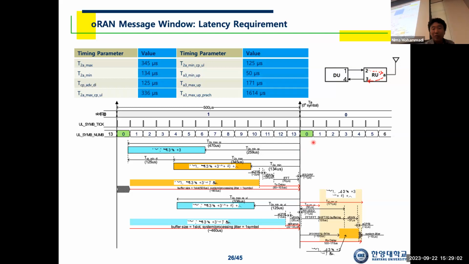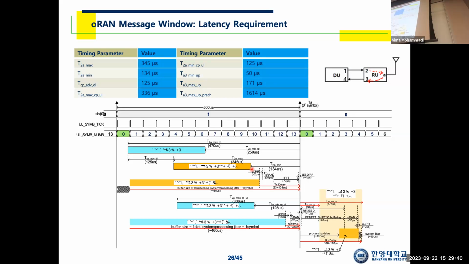Now, in order for the downlink signal to leave your antenna at this moment, you are expected to receive the corresponding user plane data at earliest at this moment, at latest at this moment. That is specified at the top of the table. 134 microseconds is the minimum, and 345 is the maximum. This is the window that you have to open to receive the U-plane data.